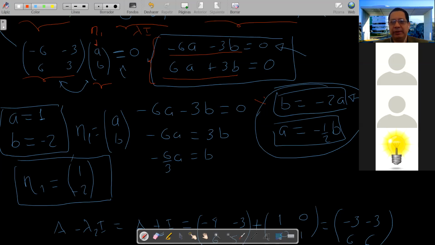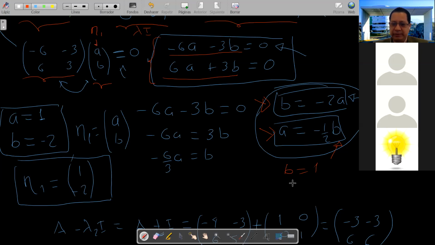For example, this is one solution, b equal to -2a. How much is a? You don't know it. Or you can solve for a equal to -1/2 times b. And what's the value of b? We don't know it. So we can use any value for b. We can say b equal to 1, then a will be equal to -1/2.